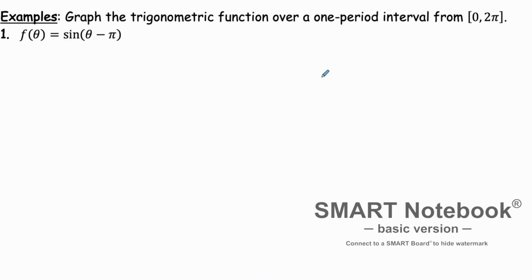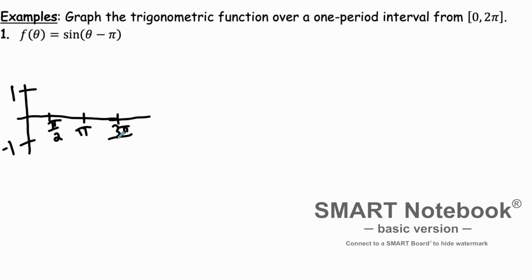So let's just jump into this first example here, sine theta minus pi. What we're going to do is start off with our parent function. So we have 1, we have -1. Make this a little bit longer here. We have first point pi over 2, next pi, next 3 pi over 2, and the last one is 2 pi.